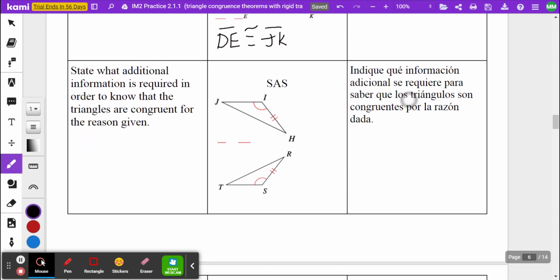All right, next, what do I need in order to say side angle side here? Well, I have an angle on each and in sequence with a side. I want side angle side, so I already have my one side and one angle. After the angle, I would need another side. So after the angle, I would need to know that side JI were congruent to side TS.